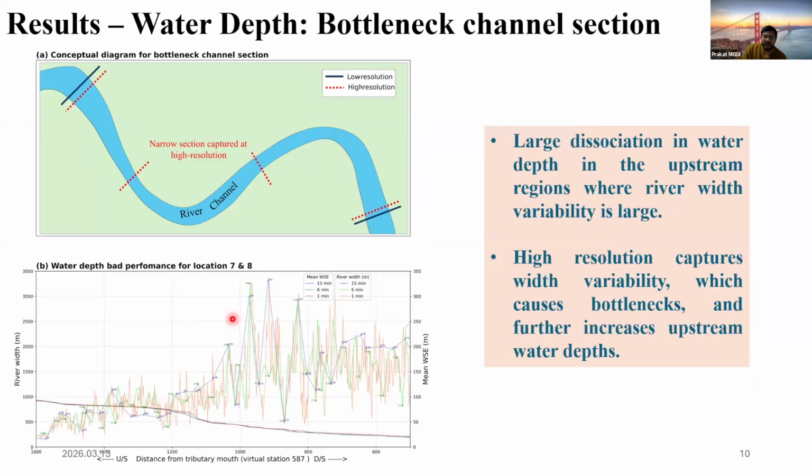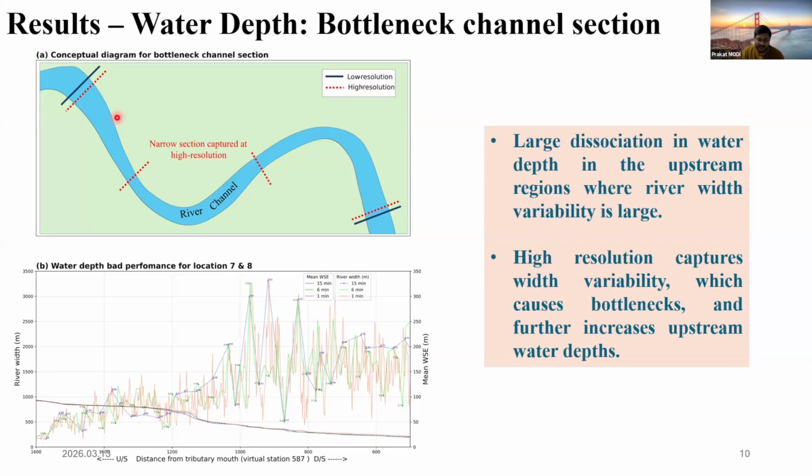Coming to the river water depth. When we consider high resolutions, they can capture more variability in the river channel width. We can see the high resolution can capture very narrow channels, whereas the low resolutions can't.